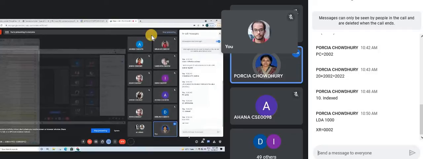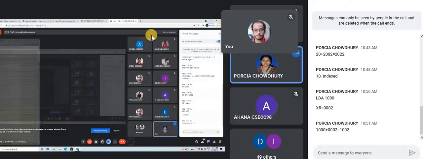The address part of the instruction given is 1000, plus 0002, equals 1002. So first you have to go to this address 1002. Whatever data you have in this location, you have to fetch that data and load that data into the accumulator. That is your index address mode.